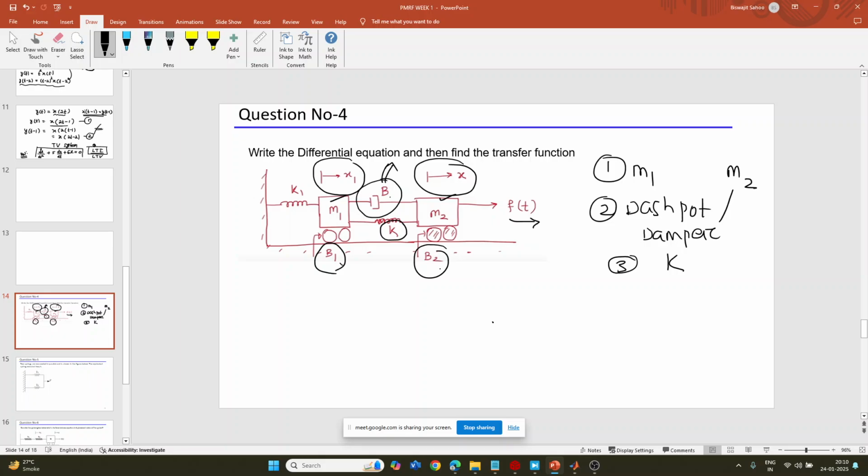This K1 is tied to the wall, a rigid body, and is the elastic spring coefficient. So by looking at this diagram and knowing the laws of physics, I know what the different objects in this equation are.